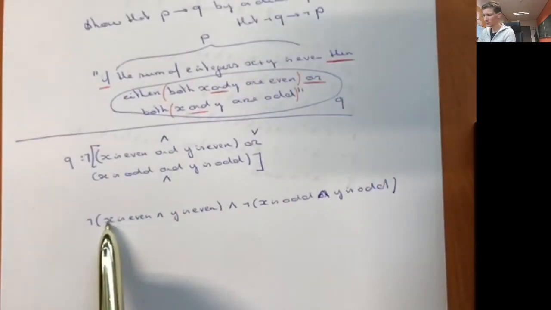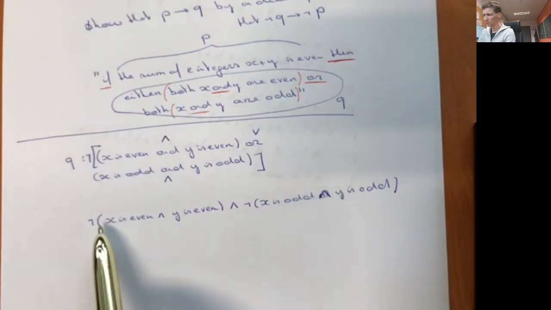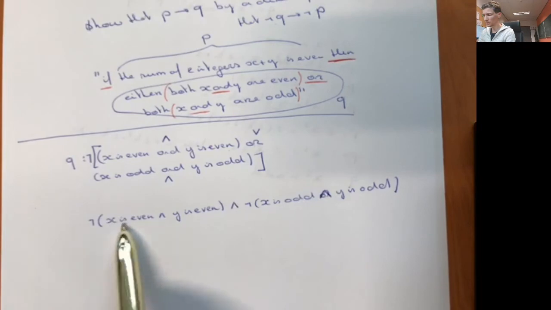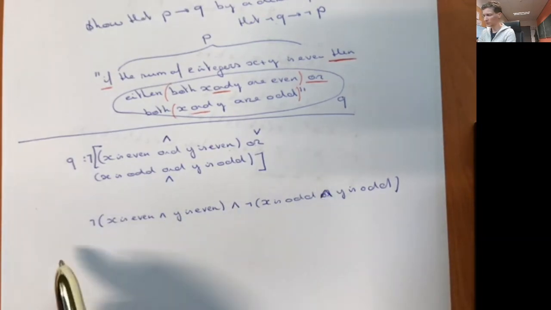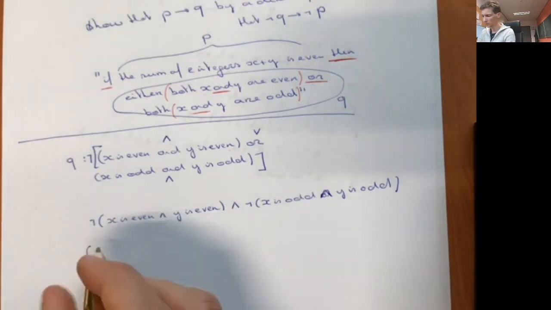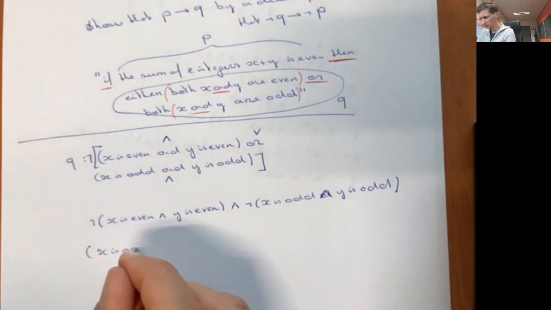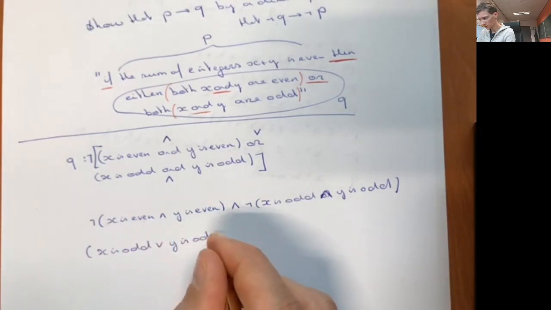Now we have a negation of something with an AND, and here we have a negation of something with an AND. We know how to put a negation inside: we negate this part and this part and change the AND into an OR. The same here. If we negate x is even and y is even, we have x is odd or y is odd.